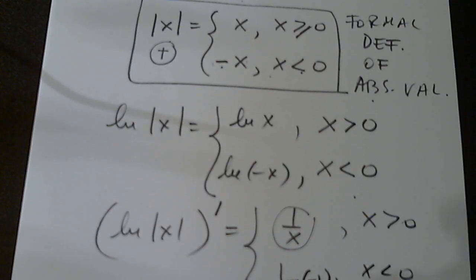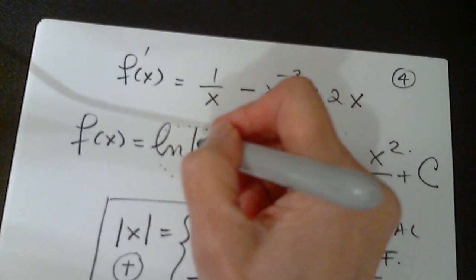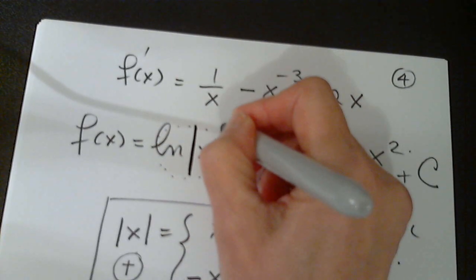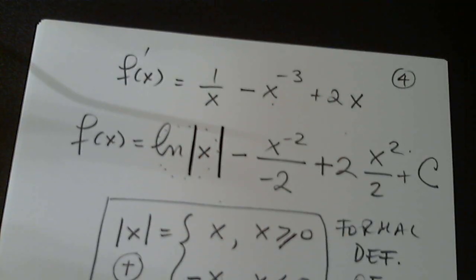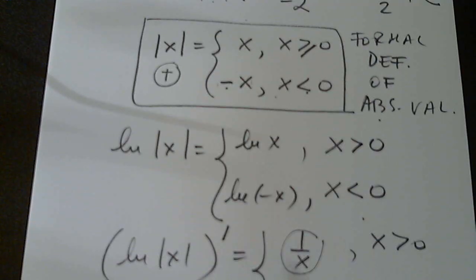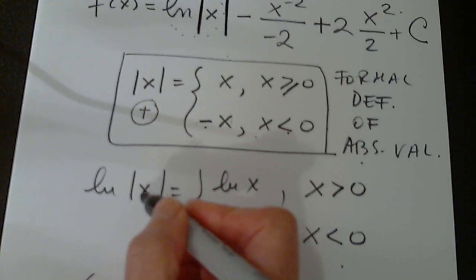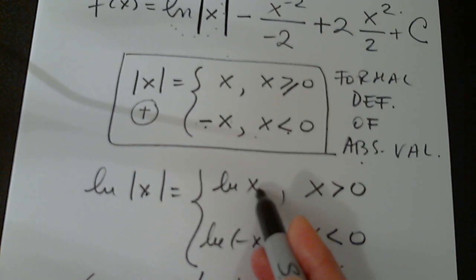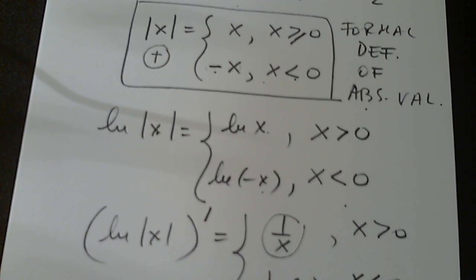So, when we find the antiderivative of 1 over x, we have to write the natural log of the absolute value of x. Because of this reason, if I have positive x or negative x, the result of the derivative is the same.